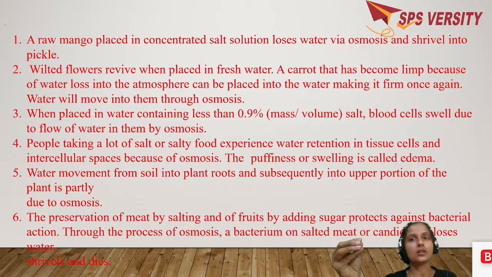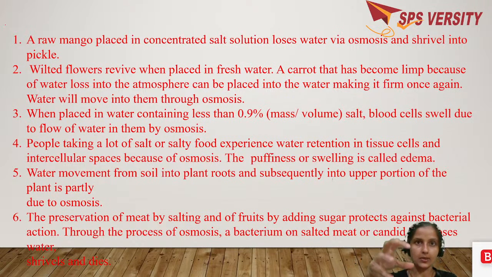So the solvent molecules, whatever the fluid is in the blood cell, are going to come out, moving towards the concentrated solution, and the blood cell will shrink. Okay, if it is the other case, if the blood cell is dipped in a concentration which is lesser than the normal saline concentration, then what do you expect?